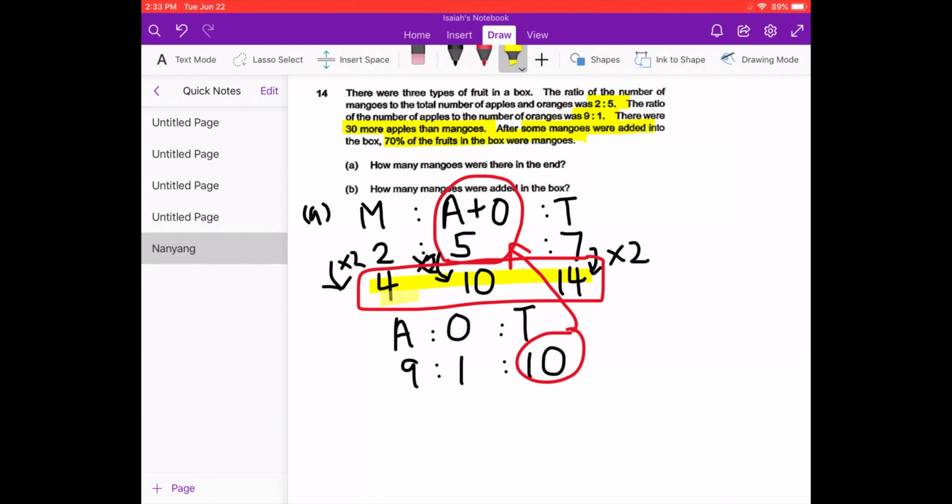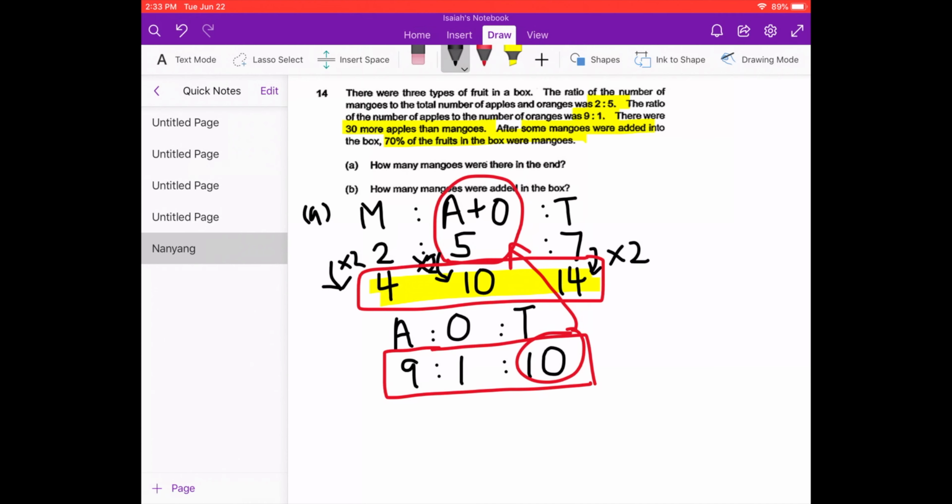Highlight it. Okay, now let's go back to the sentence: there are 30 more apples than mangoes. So now the ratios are all equivalent if we compare the top one, which I've boxed up, and this one, which I'm boxing up.